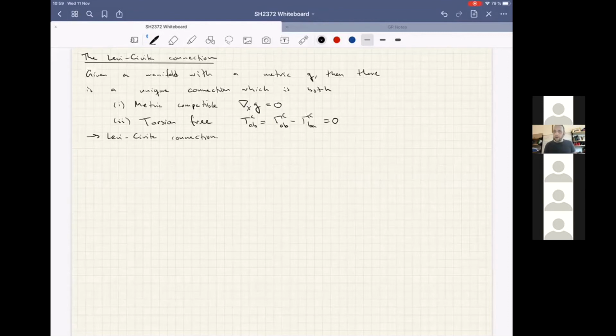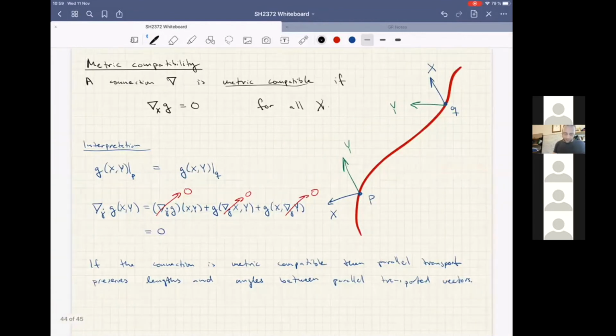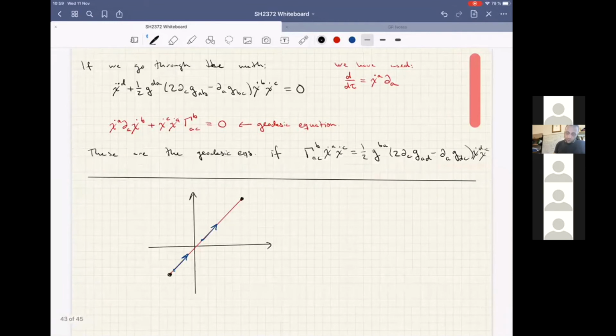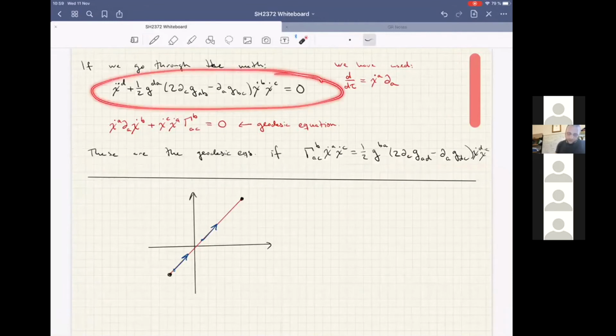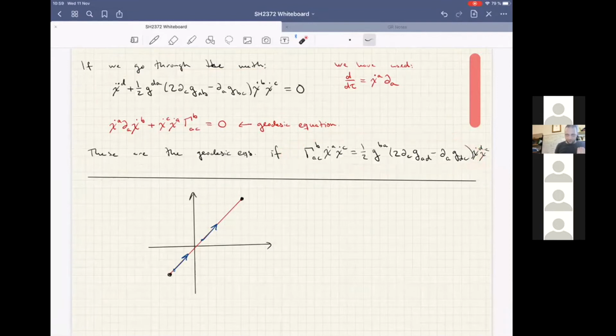Now we can go back and look at this. We saw first of all that this requirement of extremizing the curve lengths was very similar to the geodesic equation. And we saw that this actually told us about the symmetric part of the connection coefficients.